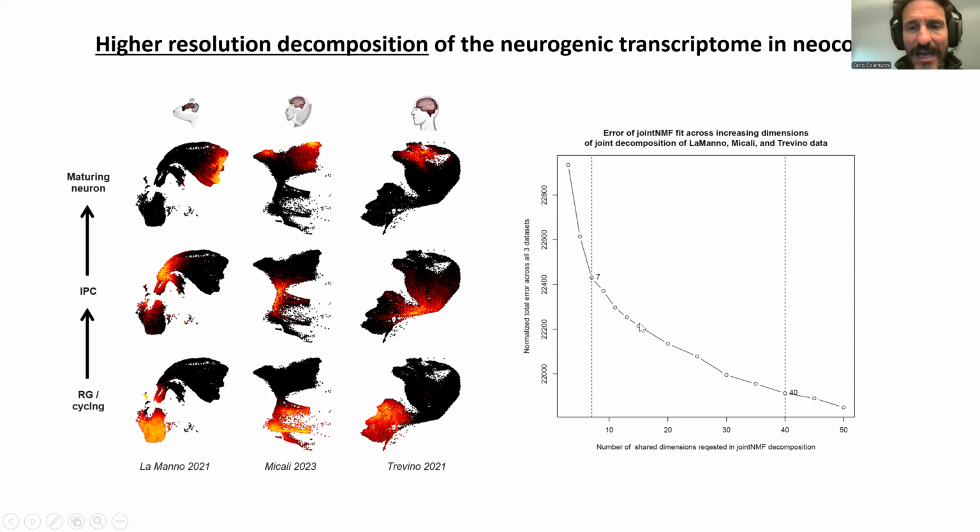Every time you add patterns on the x-axis, you can estimate that data set better and the error goes down. So with more dimensions, you can explain more, but there are decreasing returns. We picked 40 as a level where we're getting a lot more granularity and still pretty good bang for our buck on increasing patterns.